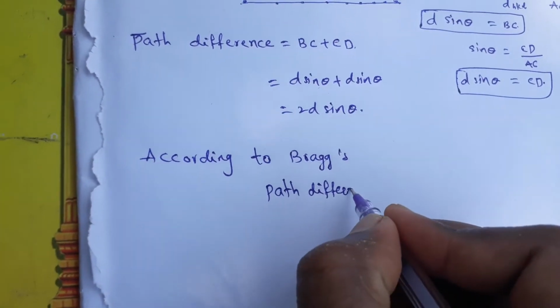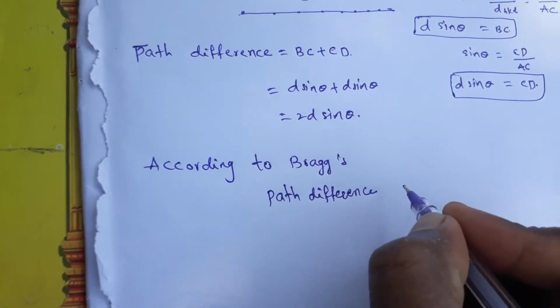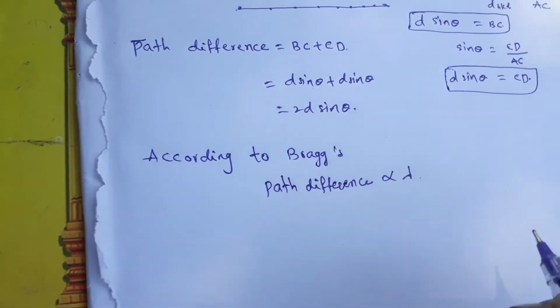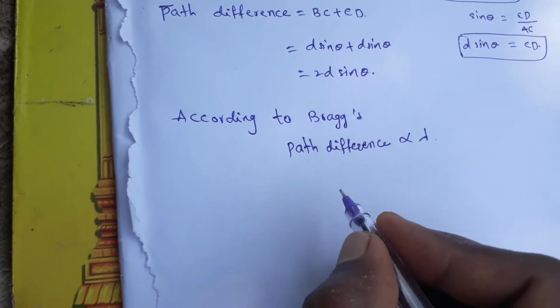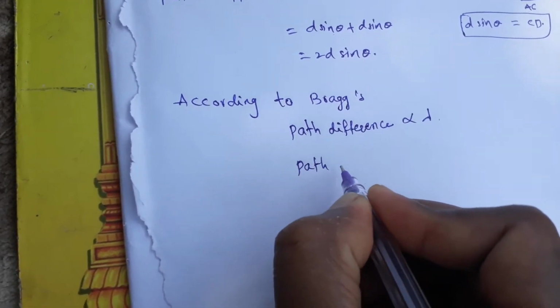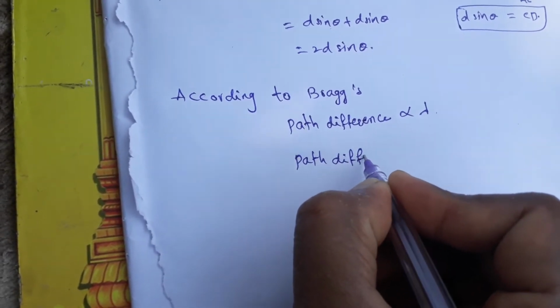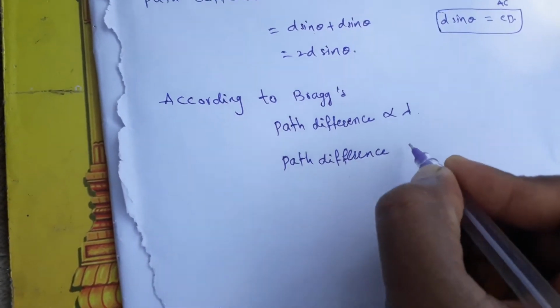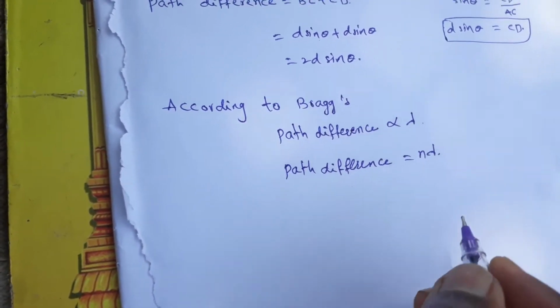According to Bragg, path difference is directly proportional to lambda, and if you remove the proportionality constant, then path difference is equal to n lambda.